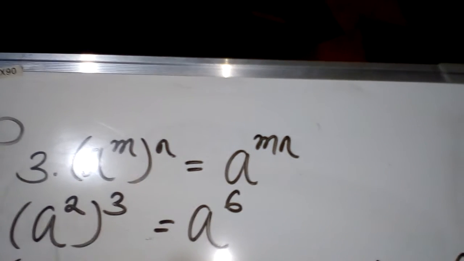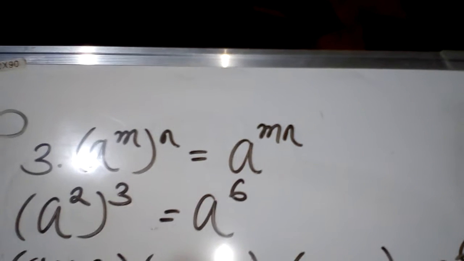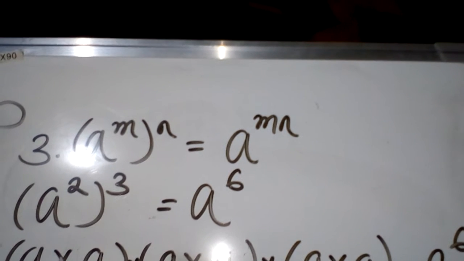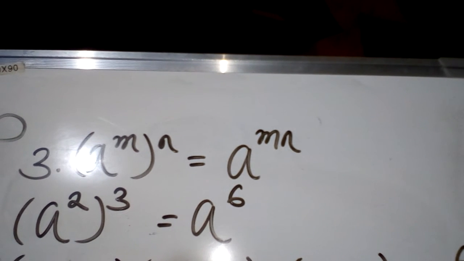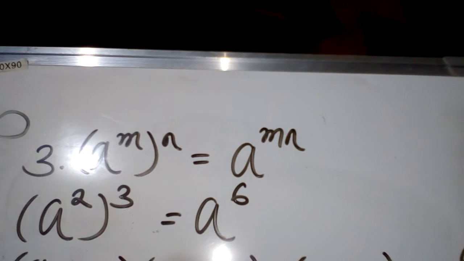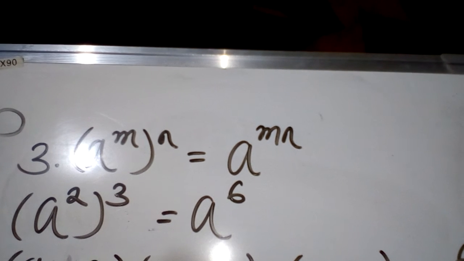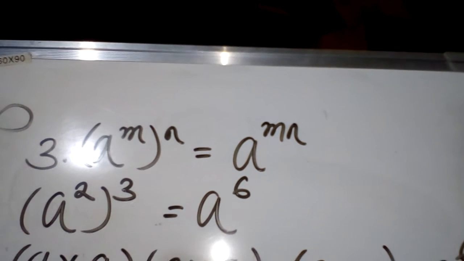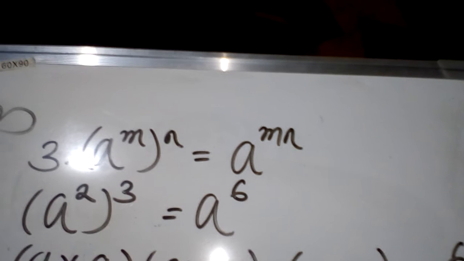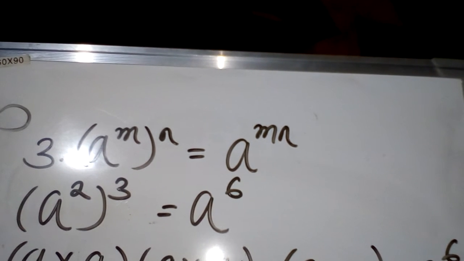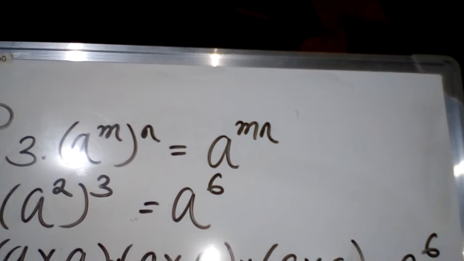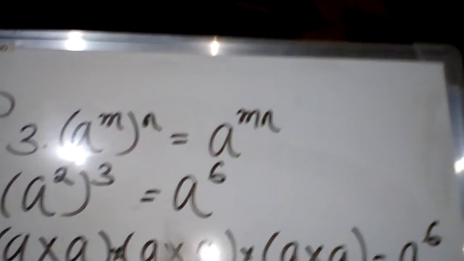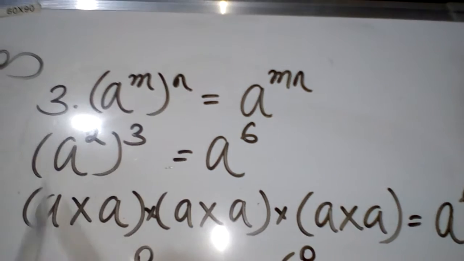It can be proved. A squared to the power 3 is basically a squared times a squared times a squared, which is basically a times a times a times a, 3 times, and that gives us 1, 2, 3, 4, 5, 6, and you got a to the power 6.